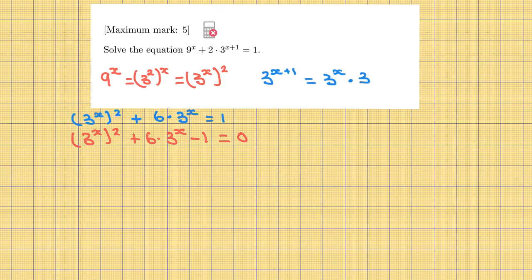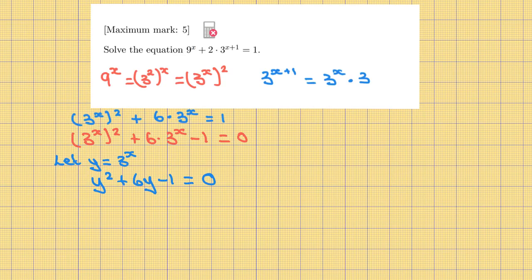This is actually a quadratic. I'm going to let y equal 3 to the power of x. Now I'm going to substitute y for 3 to the power of x. So I get y squared plus 6y minus 1 equals 0. This quadratic will not factorise, so I will have to use the quadratic formula to solve.